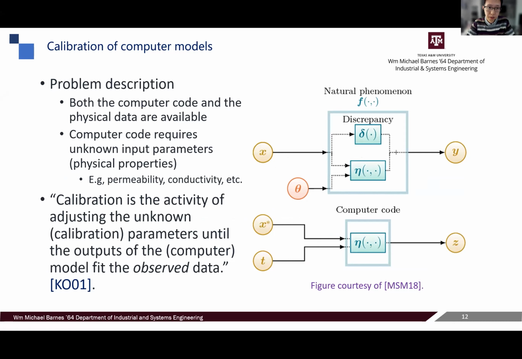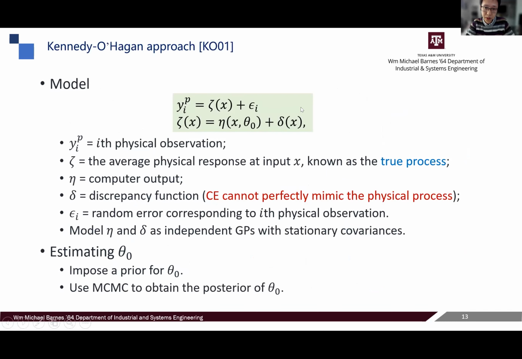This is because when you build the model, there must be some simplifications or assumptions you make. So it is important to take this discrepancy term into consideration when you compare the computer model output with the physical output. We use a Gaussian process to fit this one, and we put a prior distribution on theta, which is the parameter you want to adjust. So this becomes a Bayesian model. You can use any of the standard Bayesian statistical methods to make inference for this one.